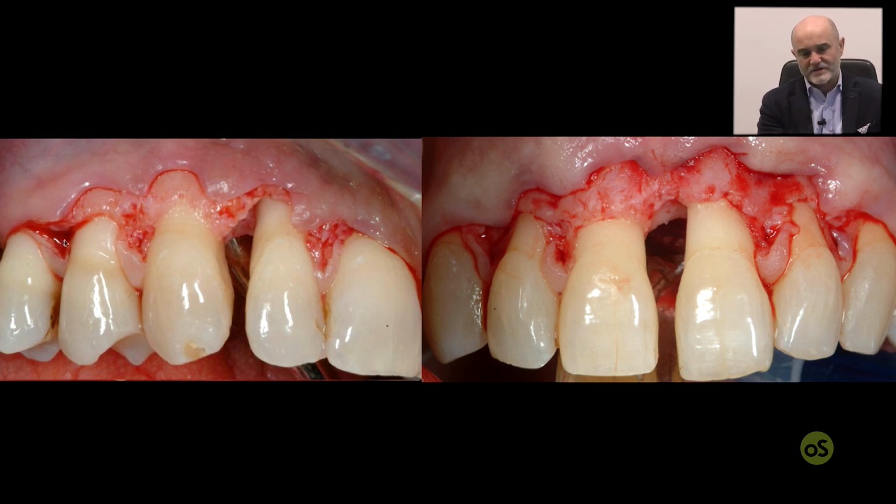But nothing changed with respect to the flap design at the level of the adjacent papilla to be desepithelialized. So the general rule of thumb is that for all defects that are located distal to the lateral, or mesial to the canine, or distal to the canine, or mesial to the premolar, so they belong to the lateral aspect, we have to perform the lateral approach.